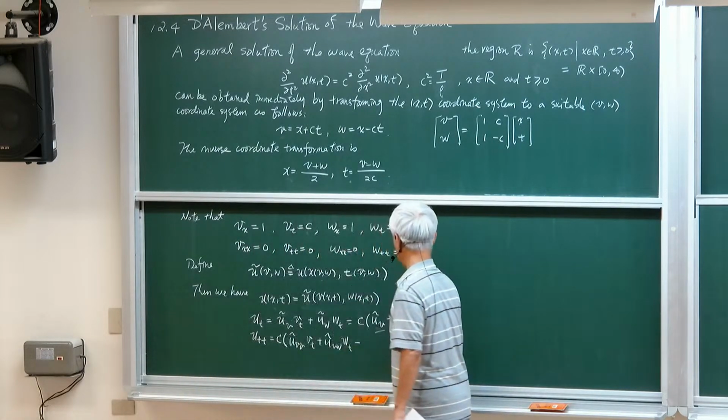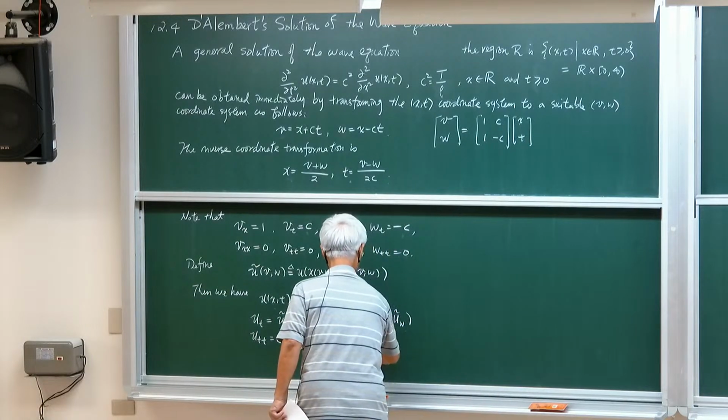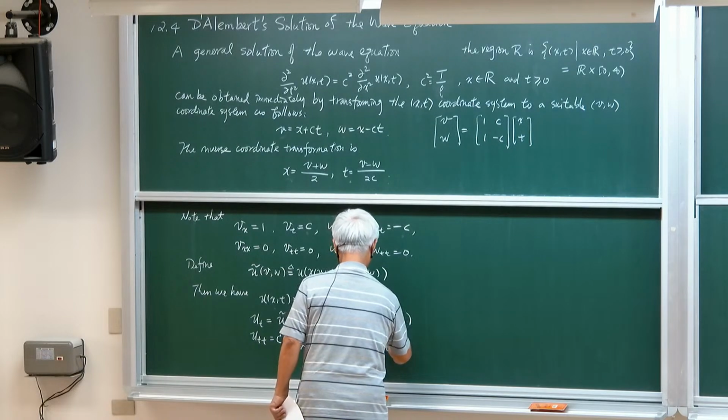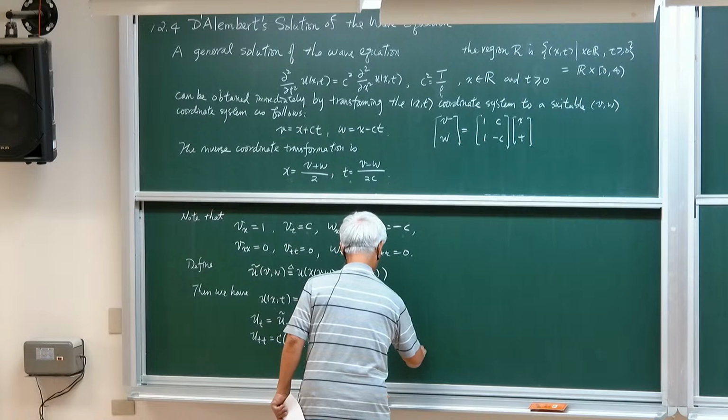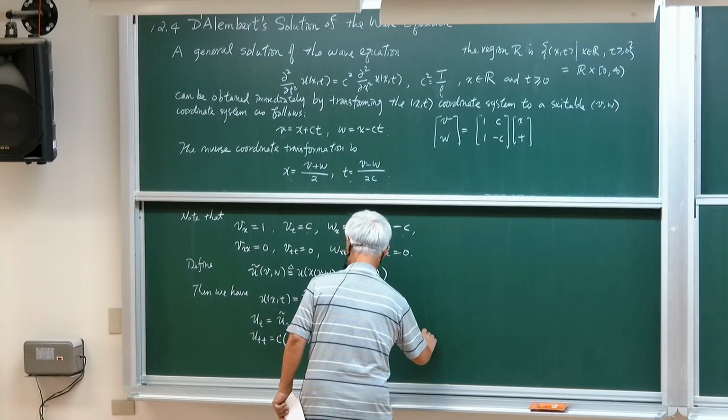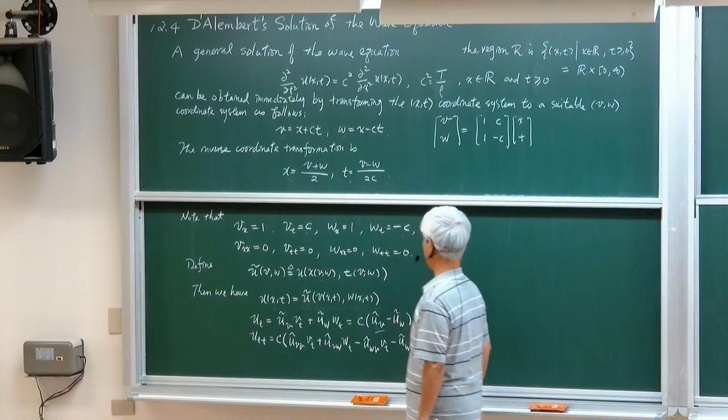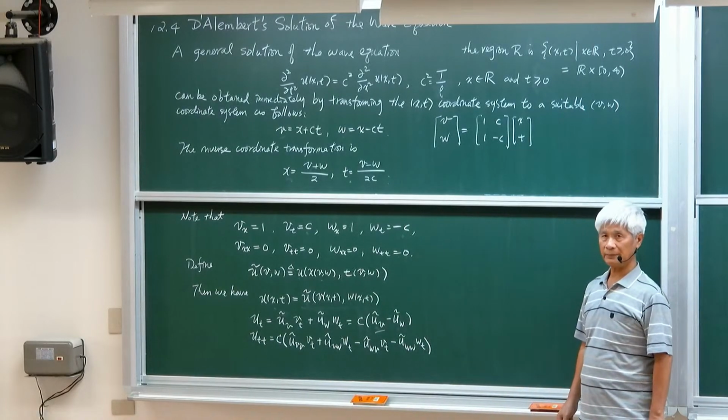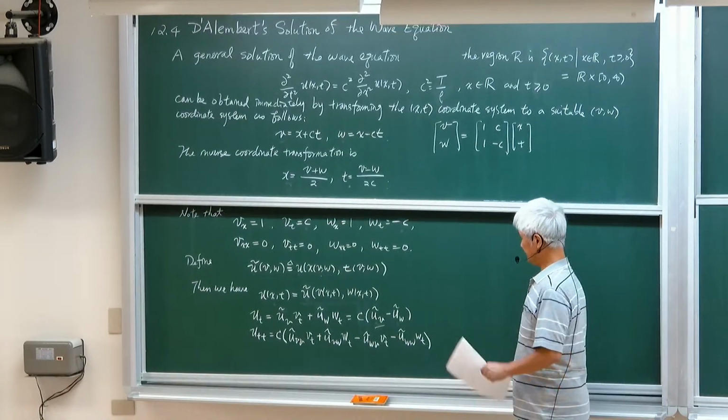Minus here is u tilde WV times Vt minus u tilde WW times Wt. Once again by the chain rule.